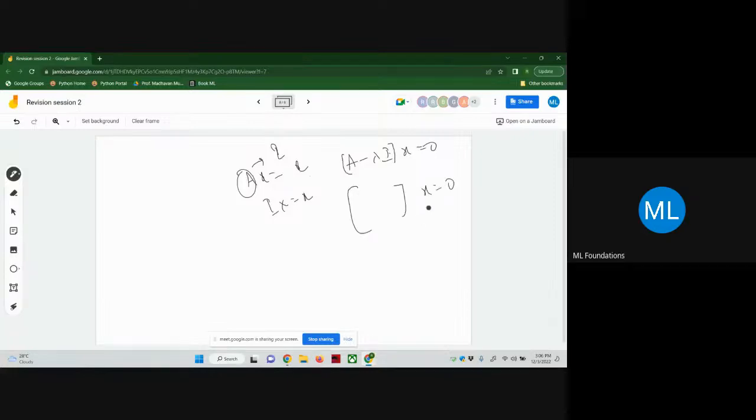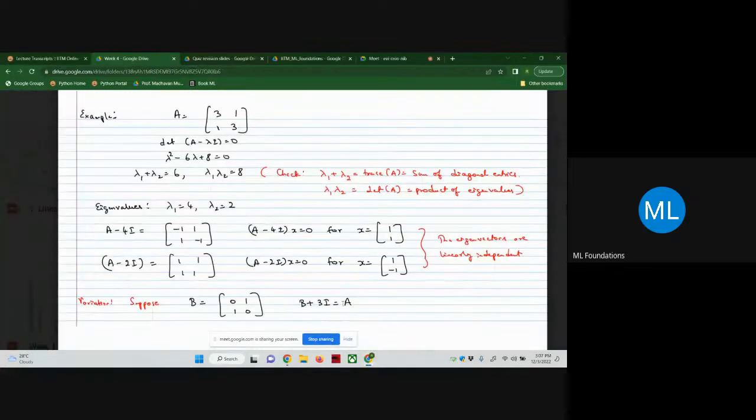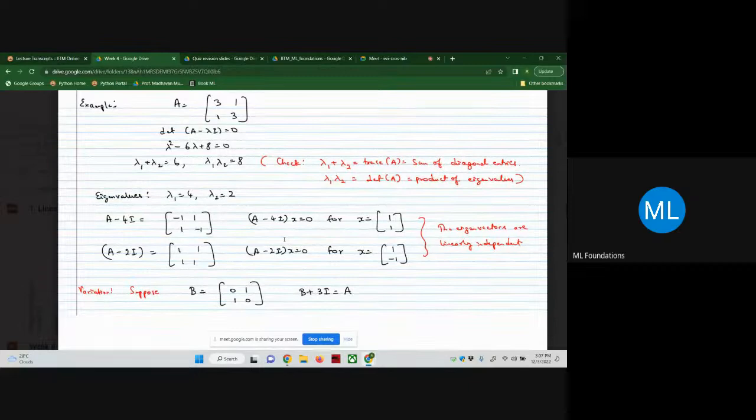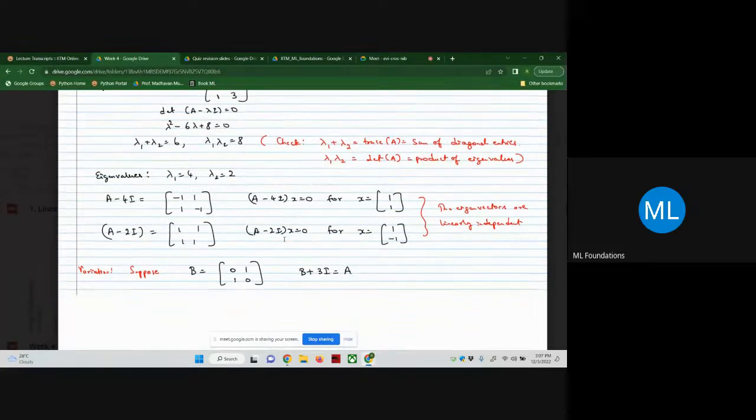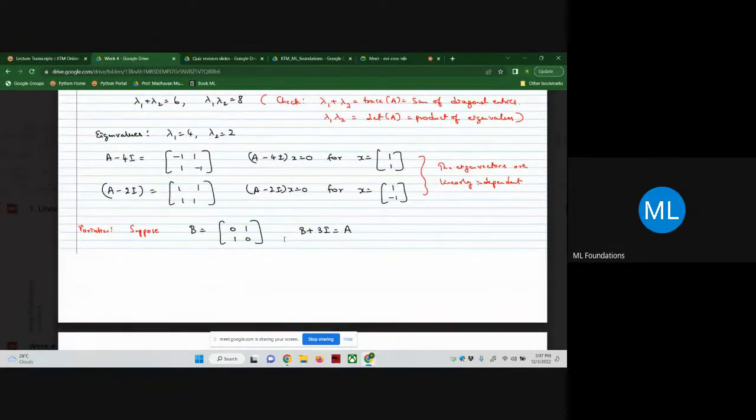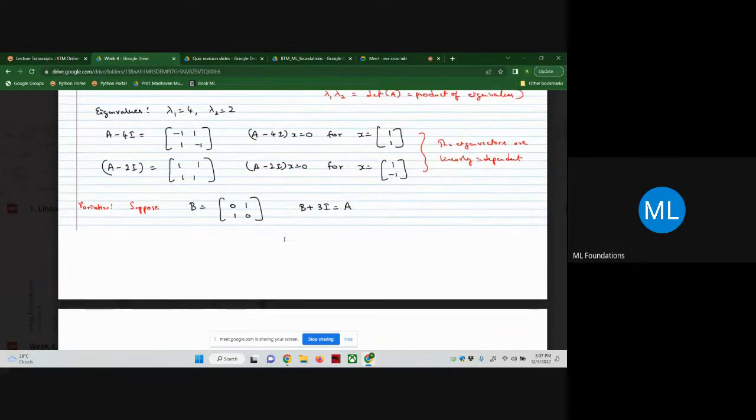We know how to find solutions for this, the null space one. So using the same way we can find the solution for this eigenvector x. How to find an eigenvector, that's okay, right? That's easy, right? Yes, sir.